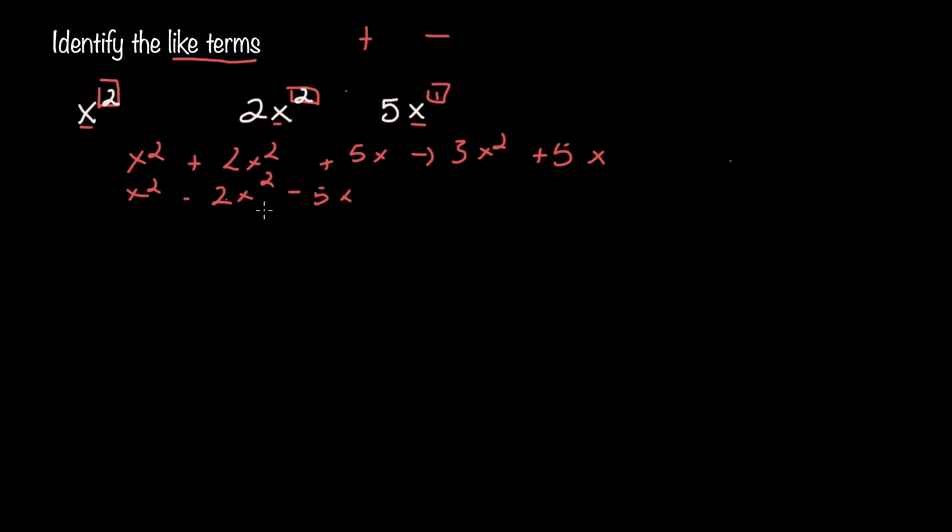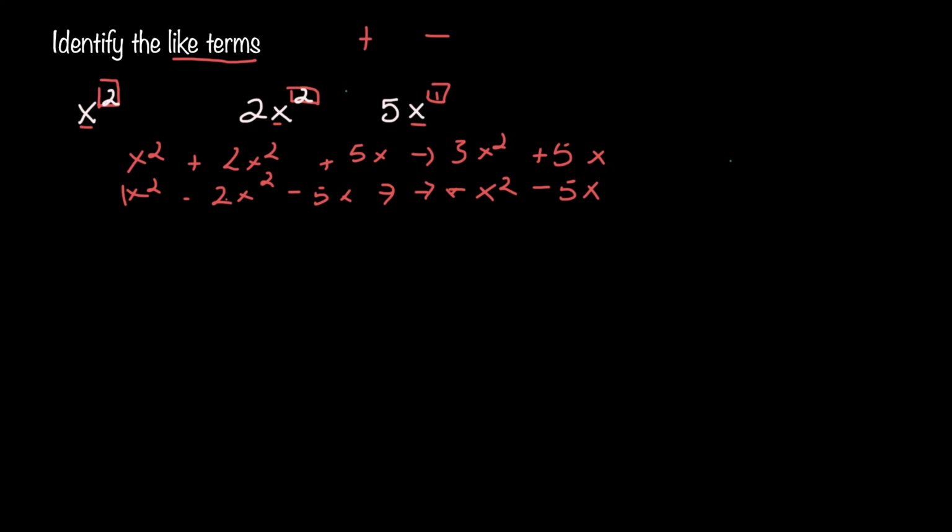Because basically this is like a 1, right? And it's like we're saying 1 minus 2. Well, 1 minus 2, isn't that negative 1? So this is going to result in negative x squared. And then we're going to add this negative 5x to the end part. So that's how we do it.